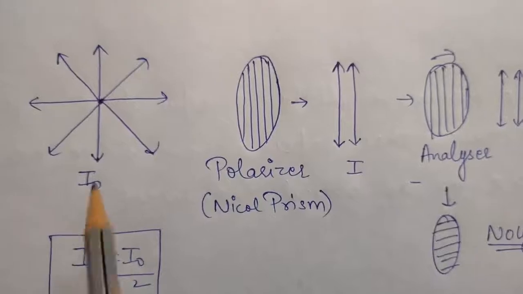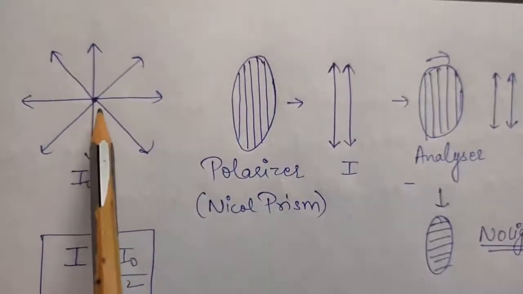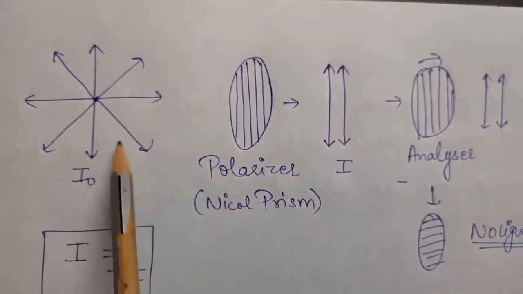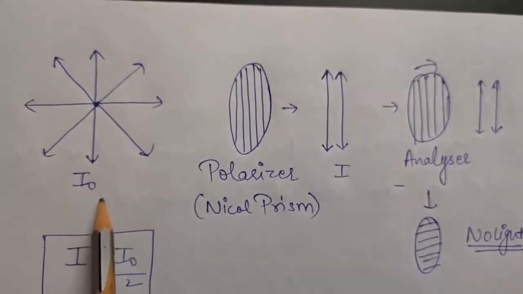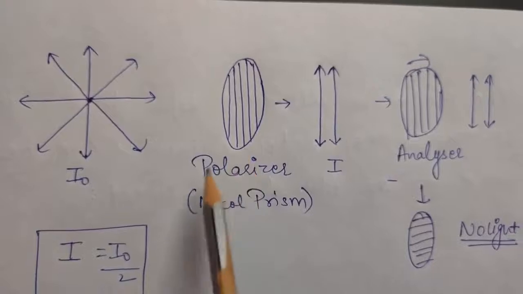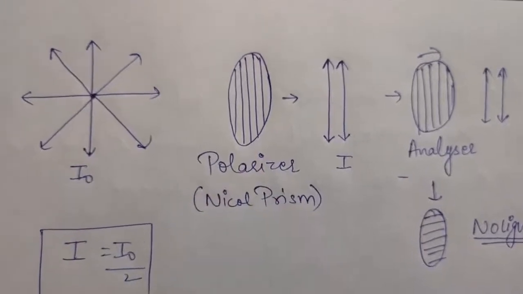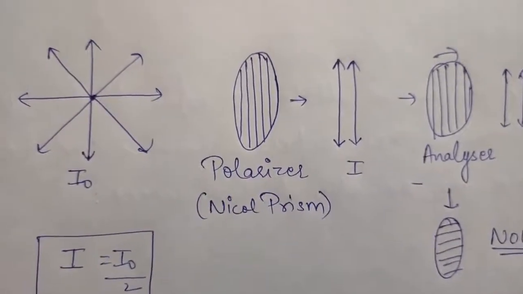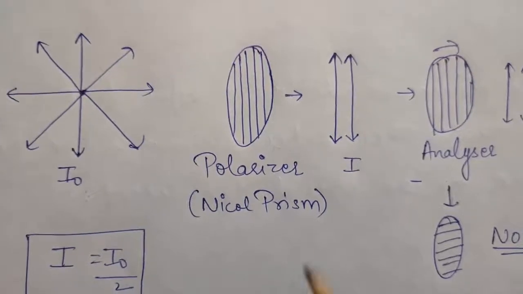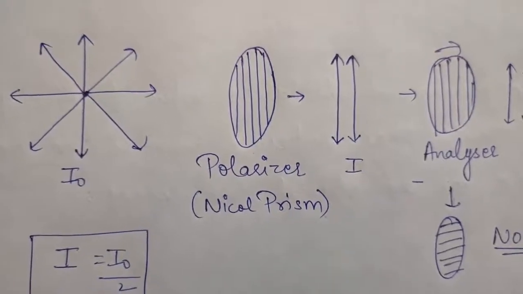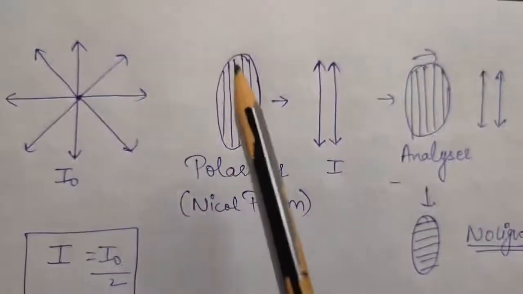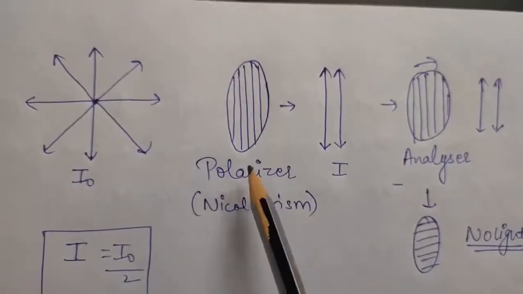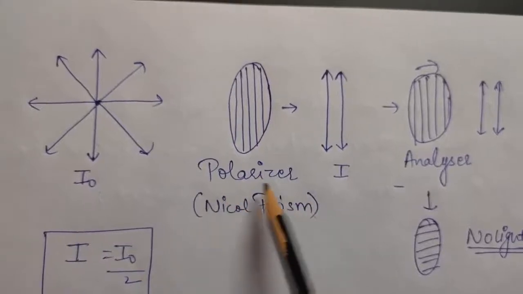Now look here, again we have taken an unpolarized light in which vibrations are there in every possible direction, and let us suppose the initial intensity is I0. Then we have used our polarizer. As I told you, a polarizer is a device which gives you polarized light, and generally a Nicol prism is used as a polarizer. See, these lines are the axis of the polarizer. What is the property of a polarizer?